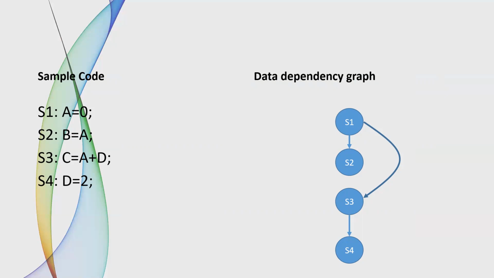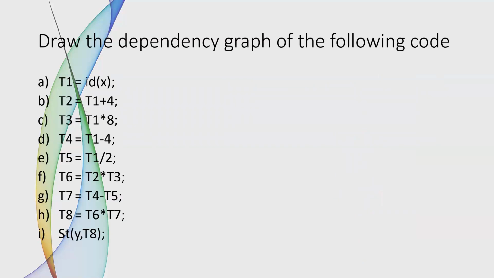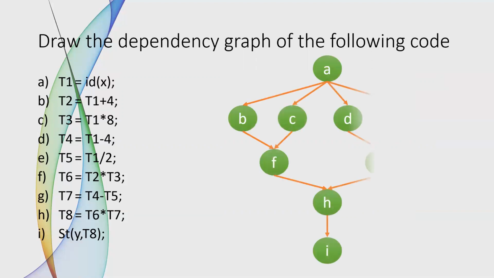Now try drawing a data dependence graph for the code given here. I will pause for 10 seconds so that you can take down the diagram seeing this code here. Now, if you compare the graph with your diagram, check whether they are equal.